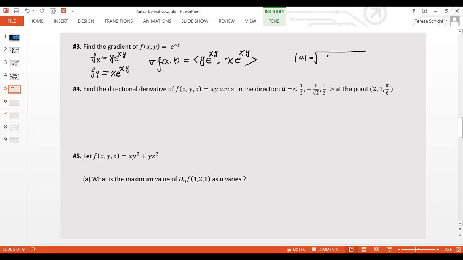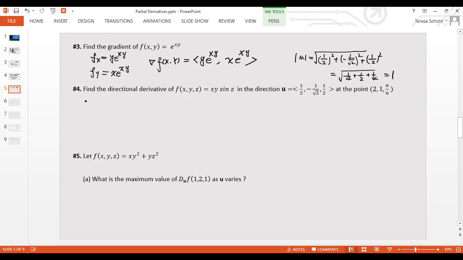The length of u is the square root of (1/2) squared plus (-1/sqrt(2)) squared plus (1/2) squared. So this will be 1/4 plus 1/2 plus 1/4, so it's 1. So this is good, this is the unit vector here.